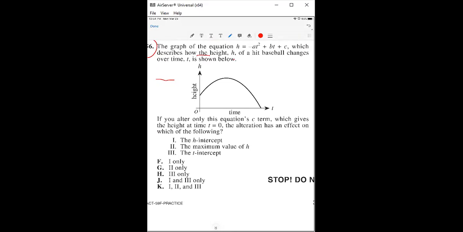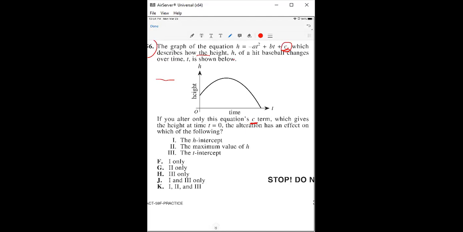The question is, if you alter only this c term, which gives the height at time 0, so basically that's the y-intercept, the alteration has an effect on which of the following. So they're saying, if we change the c term, what happens to the rest of the parabola?